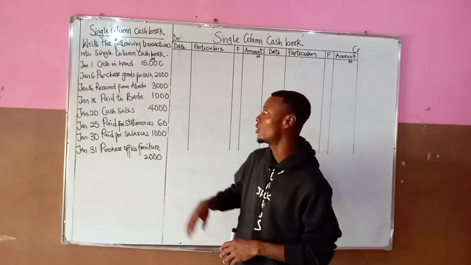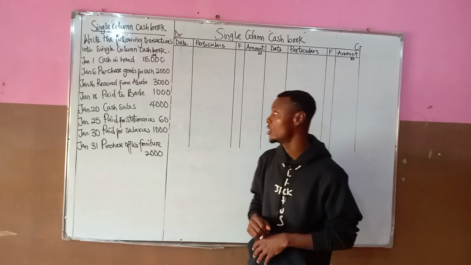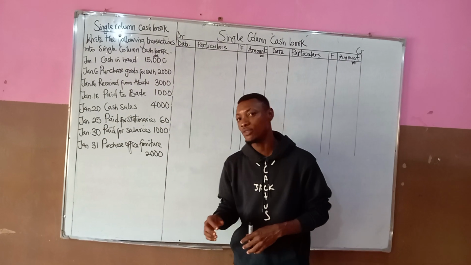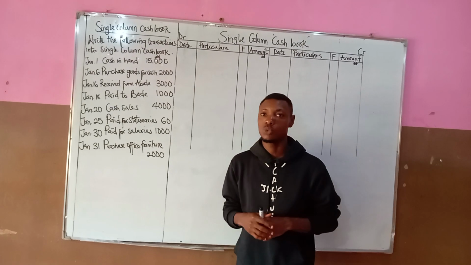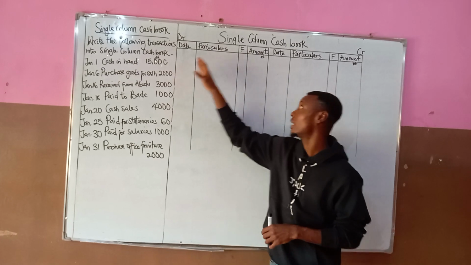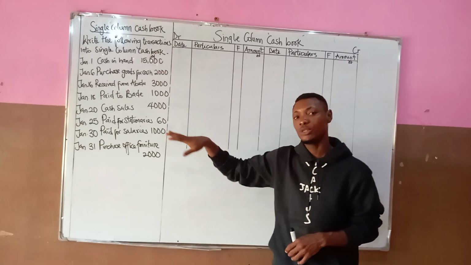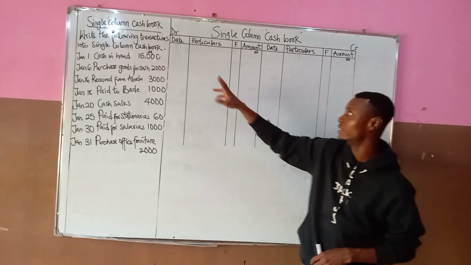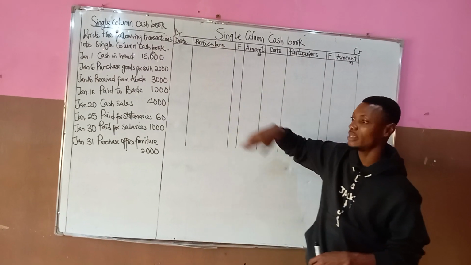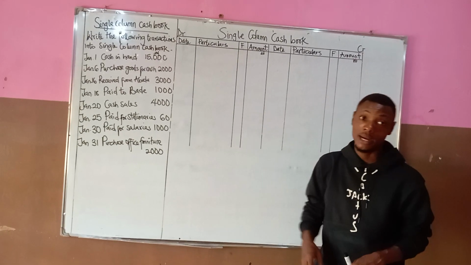But right now, we are going to base our lesson on the single column cash book. Single column cash book accounts for only cash transactions within an organization. We have the debit side and the credit side. The single column cash book is divided into 8 columns, which are the date, particulars, that is the transactions that took place, and folio, or folio number.